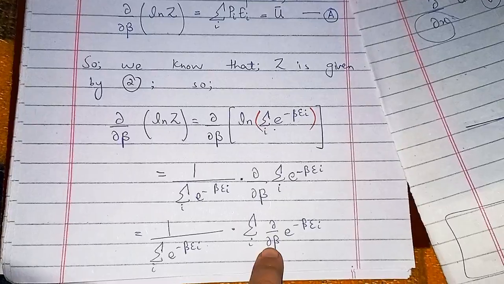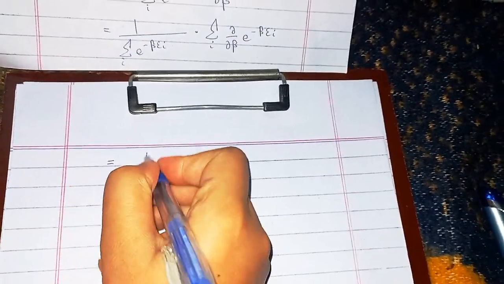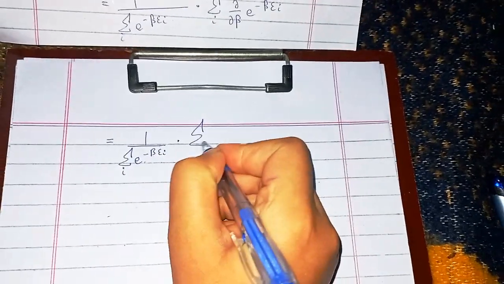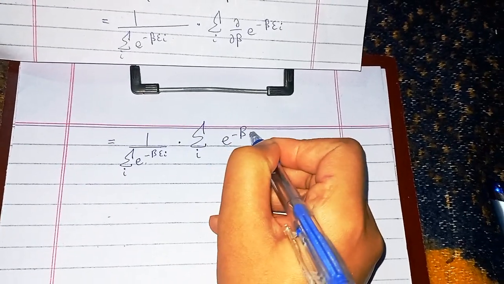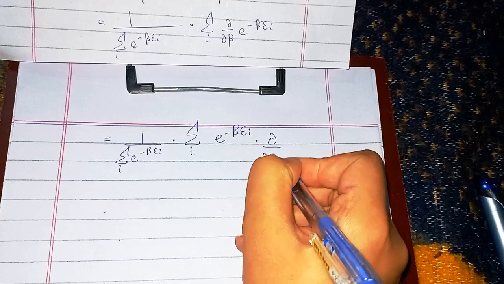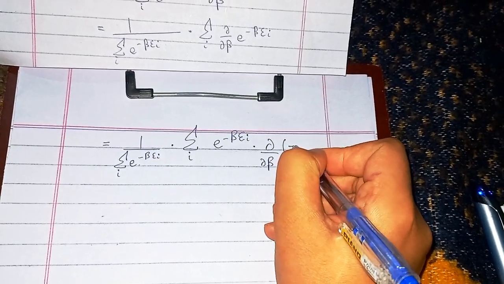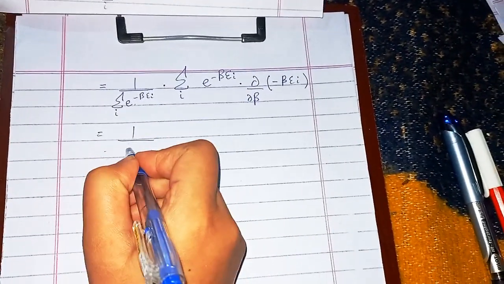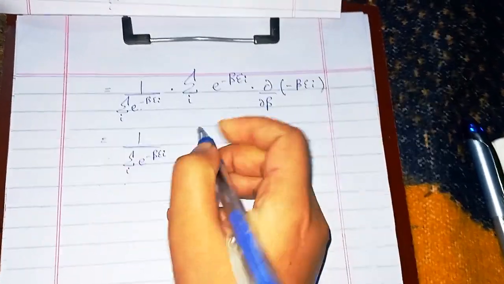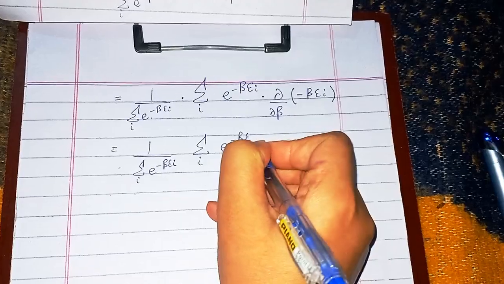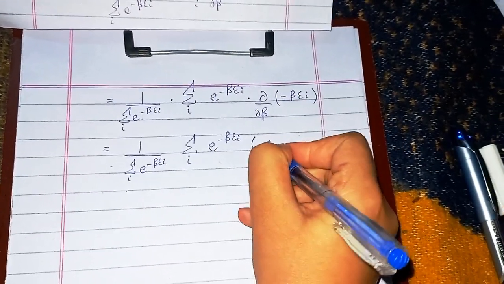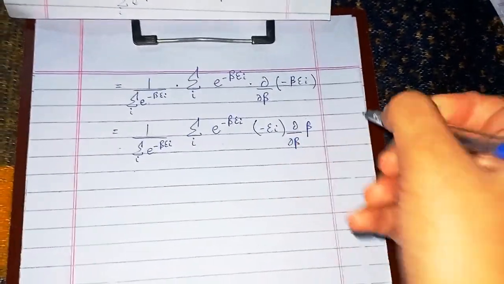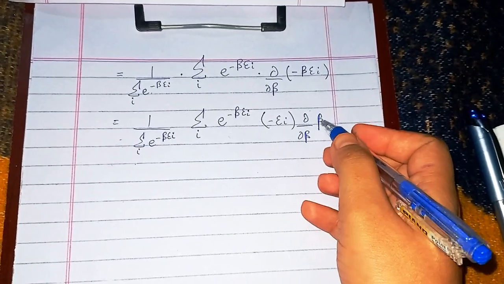So we'll write it the same way here: 1 over summation e to the power minus beta Ei, dot the exponential term as it is, e to the power minus beta Ei, dot the derivative of the exponent, which is minus beta Ei. The minus Ei will come outside of the derivative because it doesn't contain beta; only beta terms will remain inside.